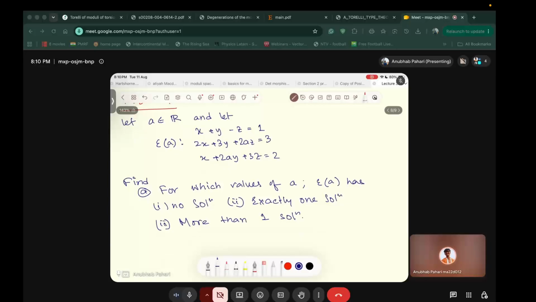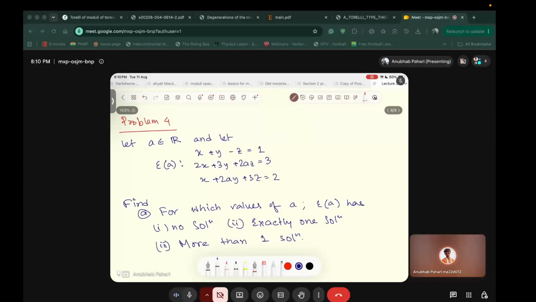Okay, I suggest you try this for 10 minutes because I have been doing these kinds of problems the entire session, so it will be best for you to try yourself.